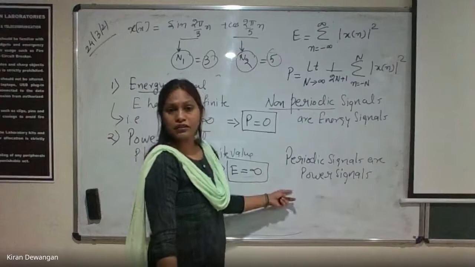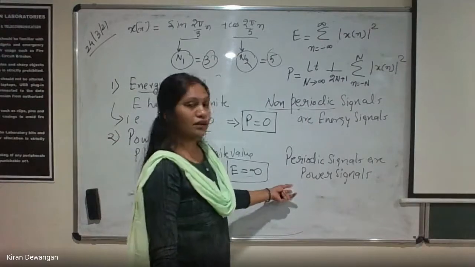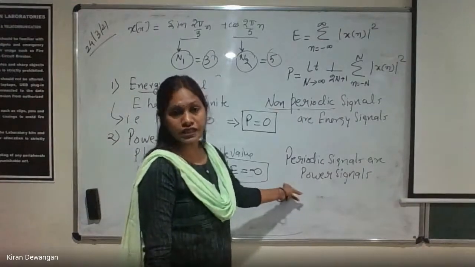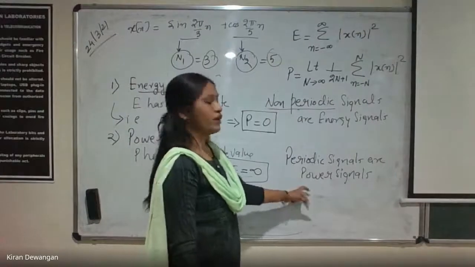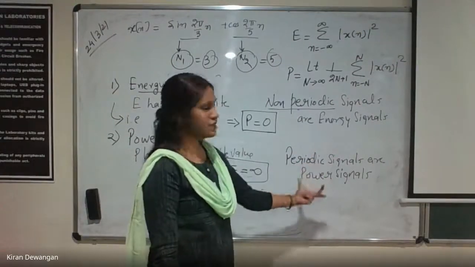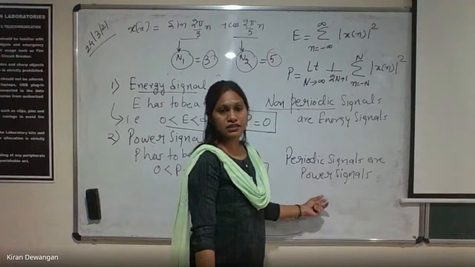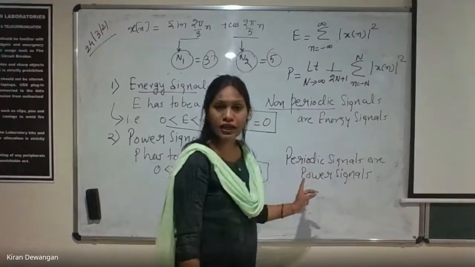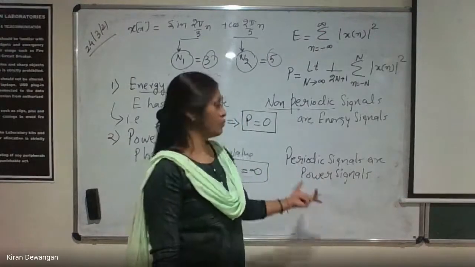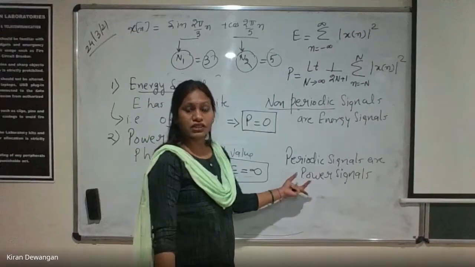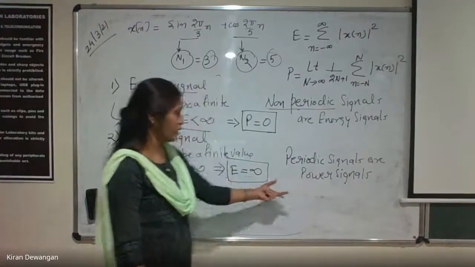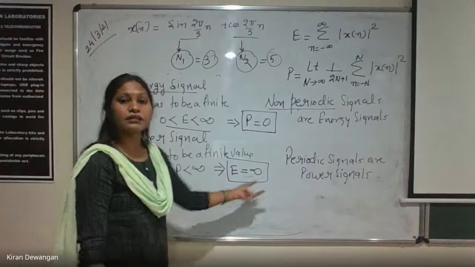Again, same thing is applicable here also, that for 95% cases it is true, but again for 5% cases, very less cases, we can say that this condition doesn't satisfy. मतलब अगर periodic है, हम directly we cannot say कि it will be a power signal. We just have to calculate the power, we just have to calculate the energy, then we can declare.